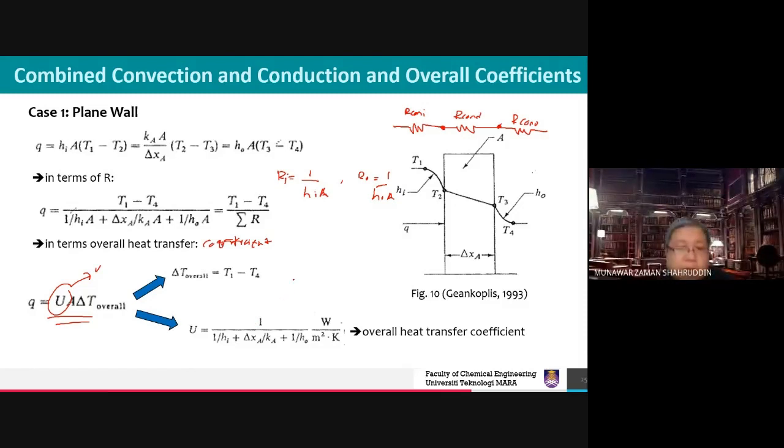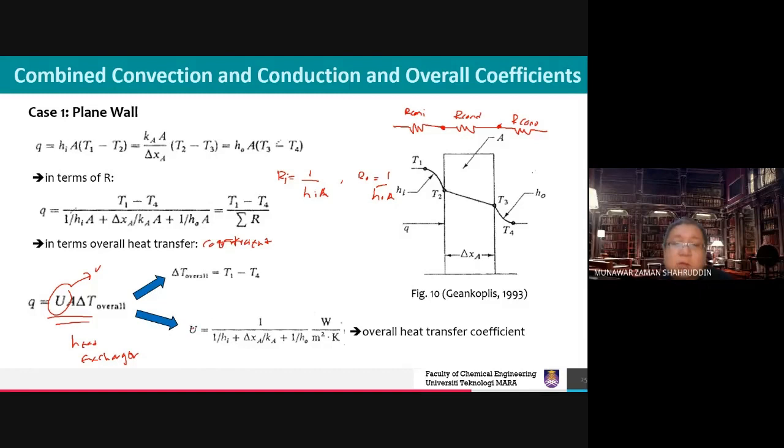Then it turns out to be the overall coefficient that represents all the modes in the heat transfer. Normally you will find this in heat exchanger calculations.